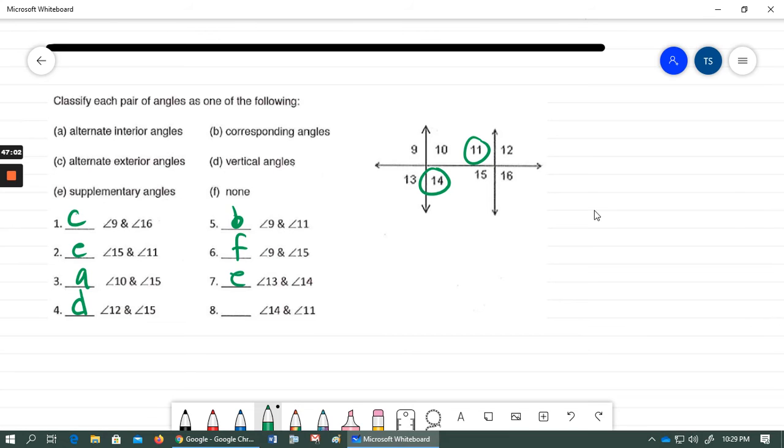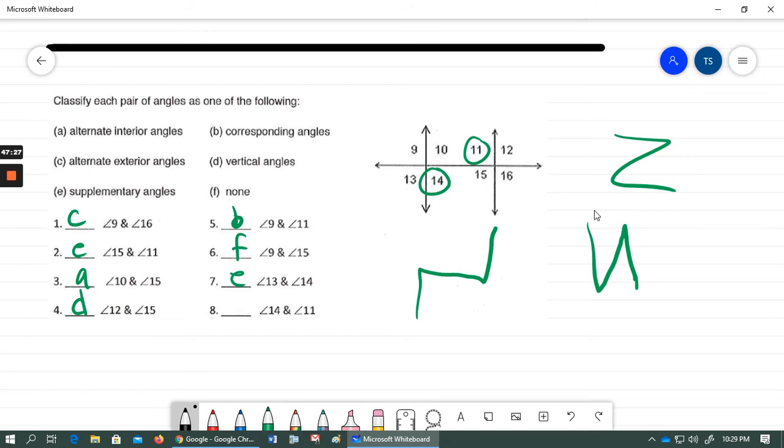These two are alternate interior. And again, folks, one way that I said you could look at alternate interior angles is sort of like a little Z shape.